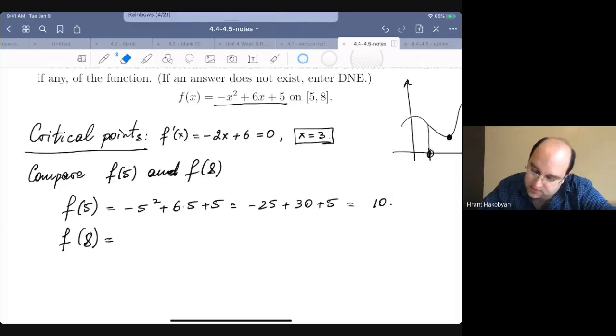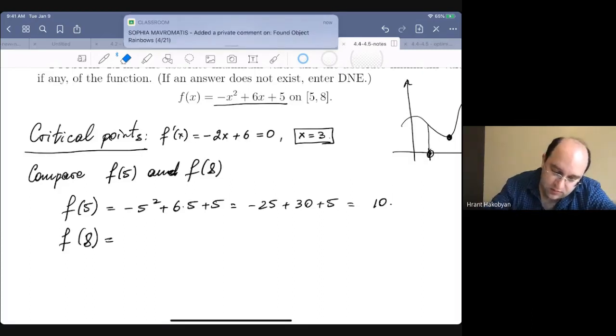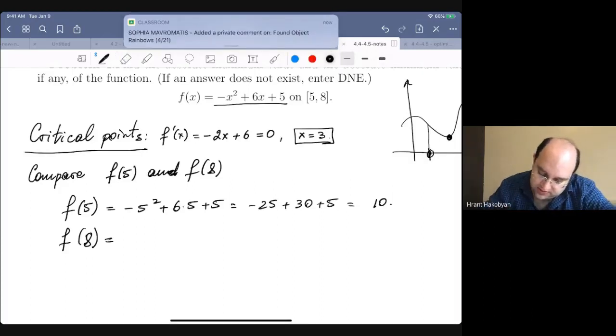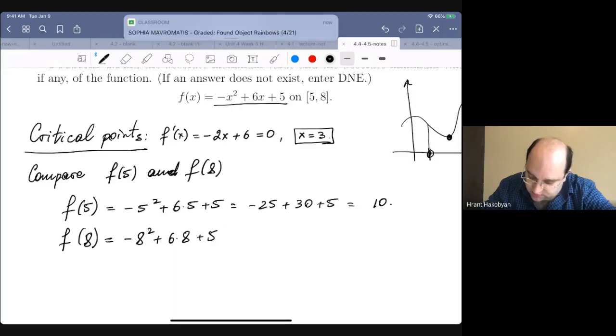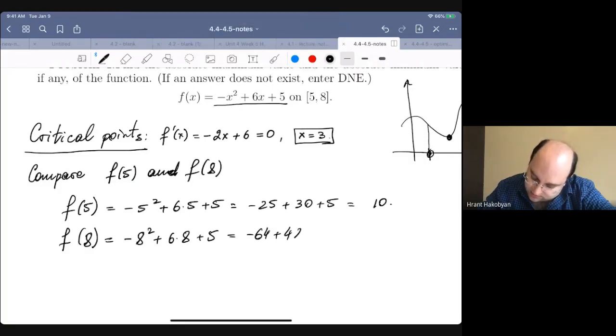Okay. So, right. So then I do negative 8 squared plus 6 times 8 plus 5. So that's negative 64 plus 48 plus 5. So that's going to be what?